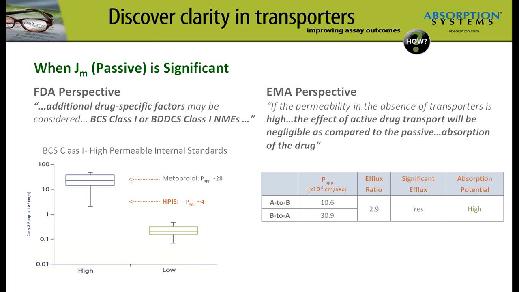Therefore, the efflux property of this compound will be overlooked because of the high permeability of the compound. Both FDA and EMA realized and acknowledged this high absorption potential, which can mask the effect of the efflux on the absorption potential of the compound.